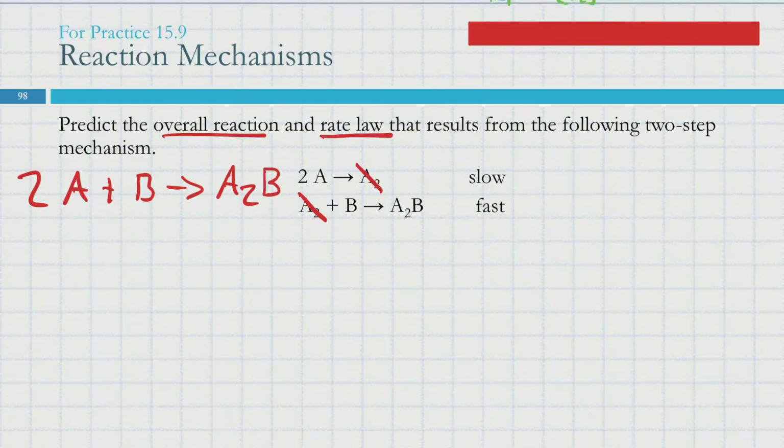Works for me. And then we have to come up with a rate law. We don't have an experimentally determined rate law because it's A and B. Which of the two steps, one or both, are we going to use to determine our rate law?